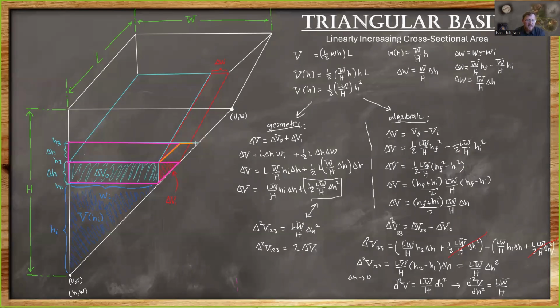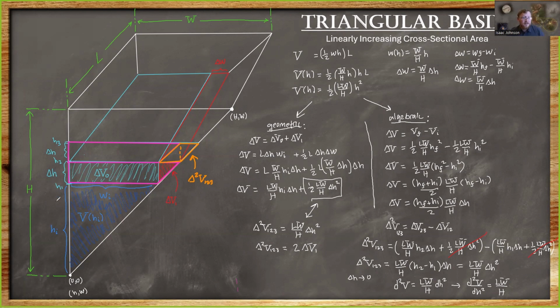And this is the space that's left over. That's the change of the change of volume between 1, 2, and 3. And it is exactly 2 of those triangular wedges. So we can see it geometrically, what we came to algebraically.